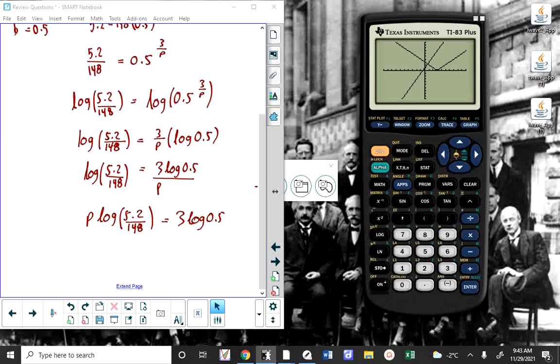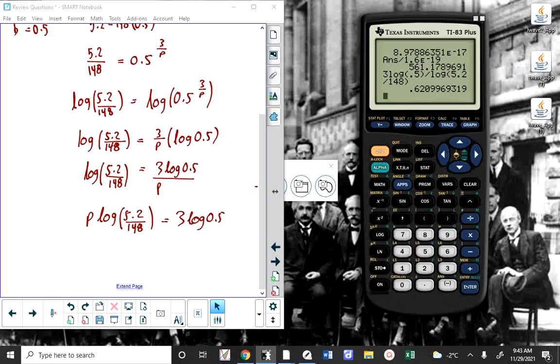So we're going to take 3 log 0.5, and we have to divide by the logarithm of the quotient of 5.2 over 148. So I'm getting 0.6 something.